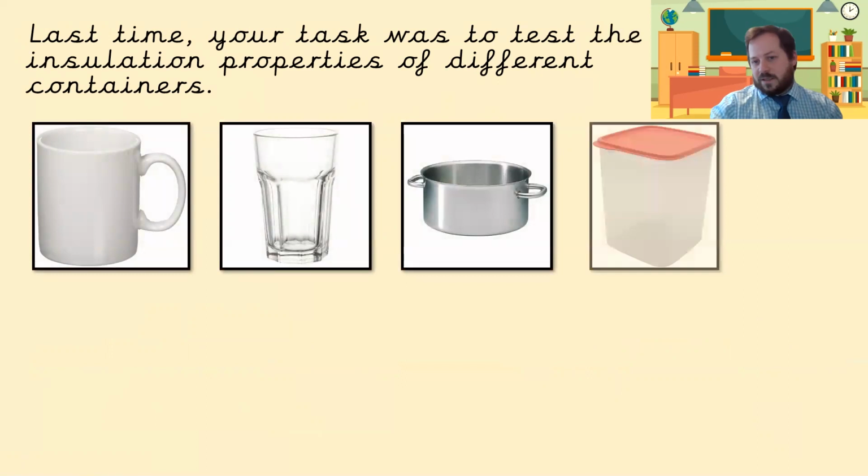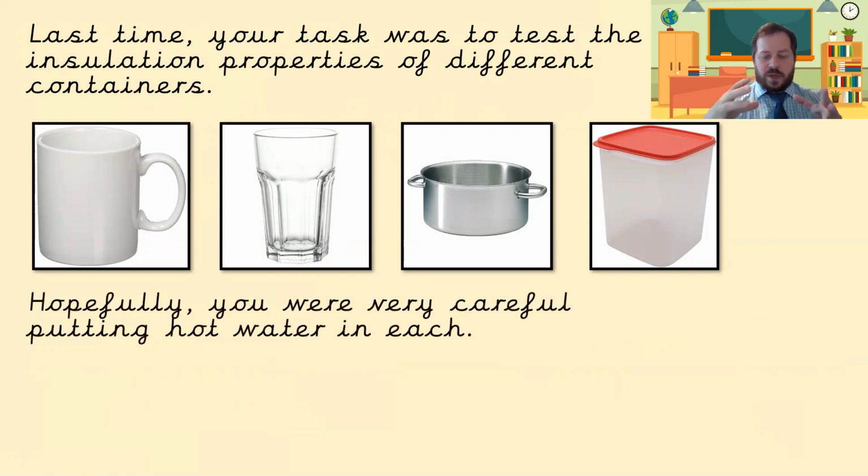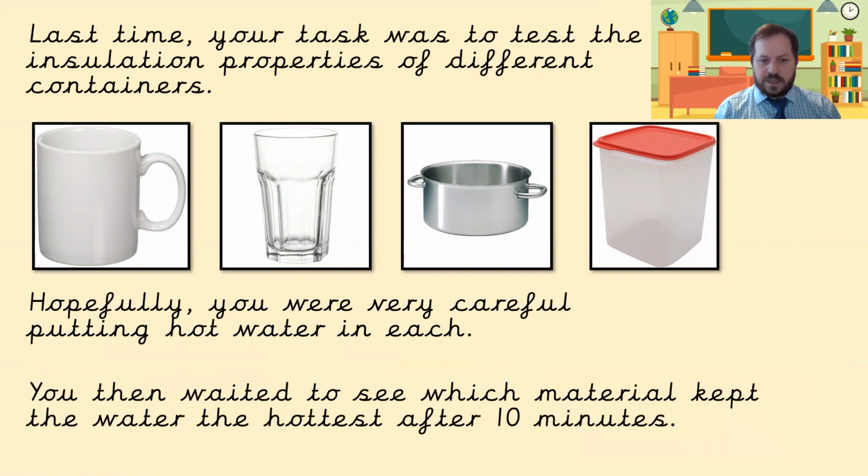So we picked 4 different containers, whatever containers you currently had. And then you carefully, very carefully, making sure not to hurt yourself, put water into each of them. Your job was just to see which one remained the hottest over a course of time. We said roughly 10 minutes. You come back and you check to see which one is the hottest.